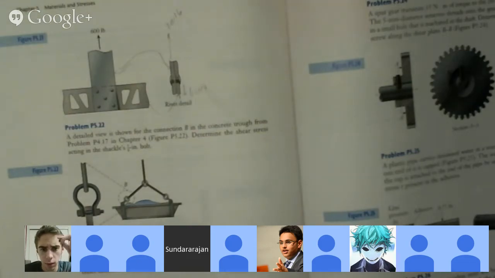No, the one with the triangular thing. Oh, the one with the rings? Yeah. Okay, what was your question one more time? Is it shear or tensile? It's both, right? I think it'd just be shear. I mean, yeah, it's both actually.